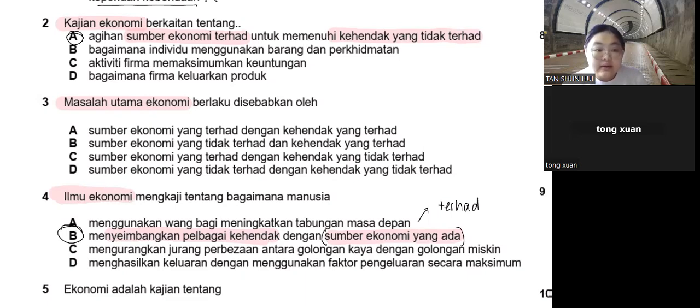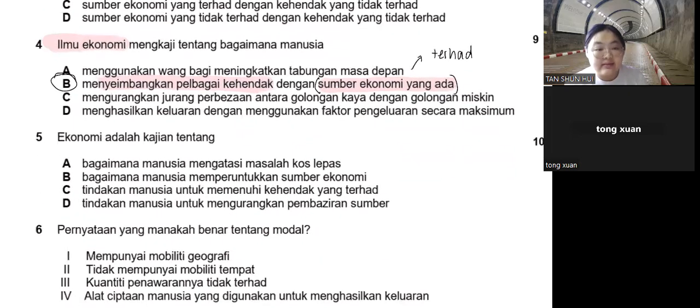All right? Now, you see, they have again, they ask you, ekonomi kajian tentang. Economy is testing about what? You can try out question 5 as well. You see, we use limited resource, okay, to fulfill unlimited wants.